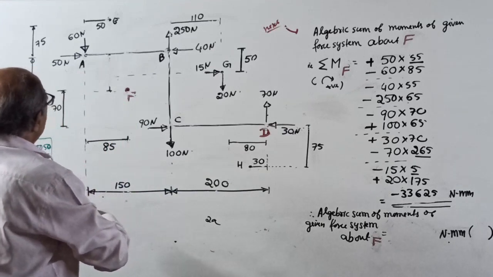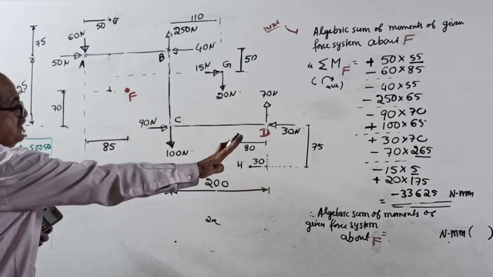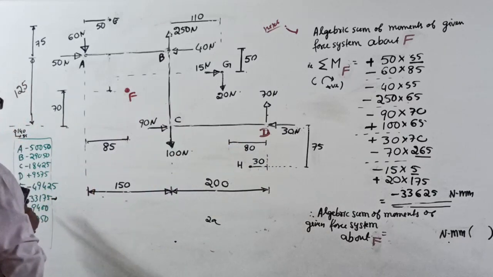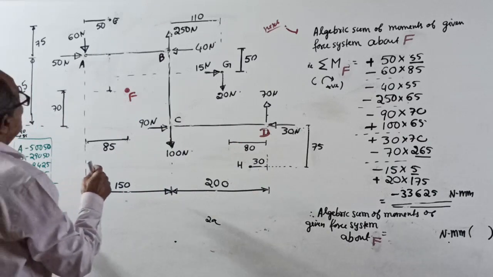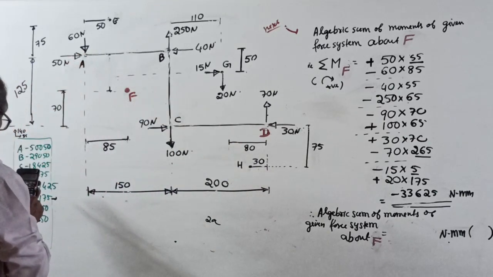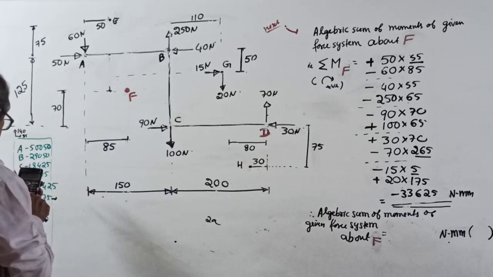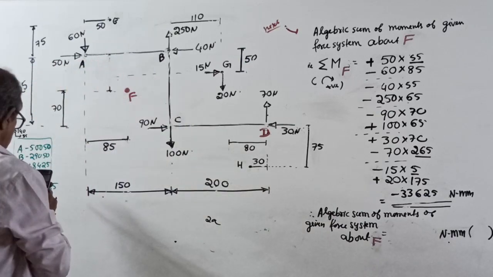Okay, I'll check once again, don't worry. This is the point F here. F point is where? Any nearest point? A. Okay, one minute. About A we got minus 50050 plus 140 into F to A, which is 85.